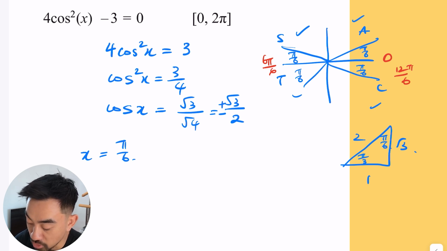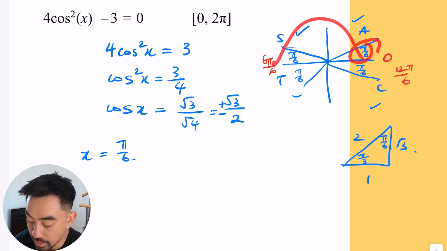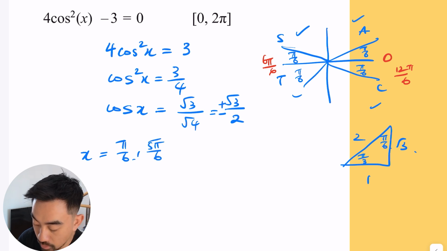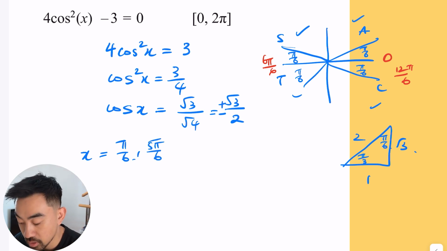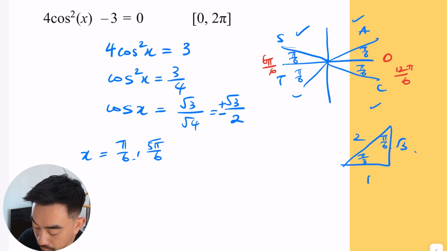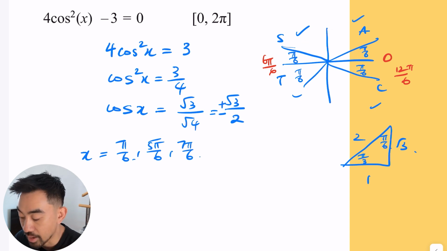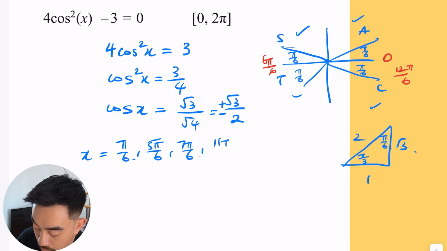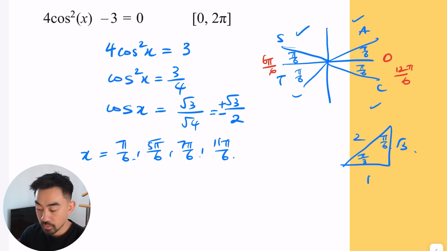Okay, so my first solution, I've got that there, pi on 6. My second solution will be 6 pi on 6 minus pi on 6, which will be 5 pi on 6. My next one will be 6 pi on 6 plus pi on 6, which will be 7 pi on 6. And then lastly, you've got 12 pi on 6, and you want to take it back pi on 6. So that's going to be 11 pi on 6. Okay, then you're done.